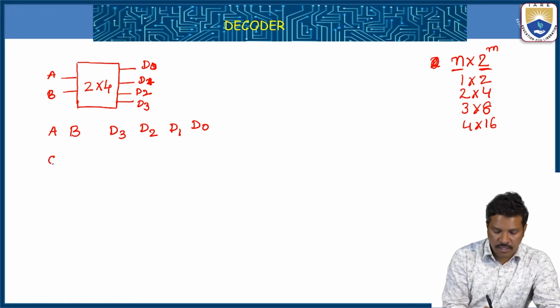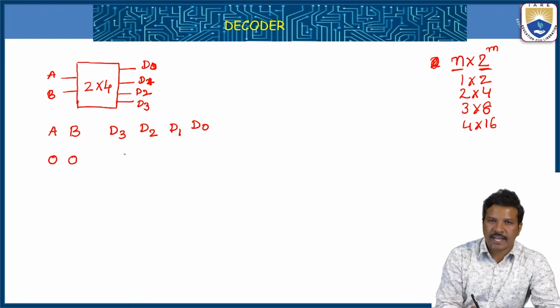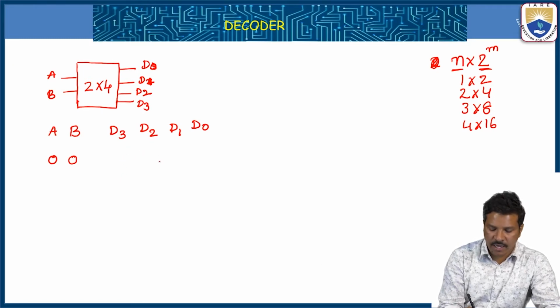If AB is 00, the decoder makes the corresponding decimal number, that is D0, active, and the remaining outputs will be 0.